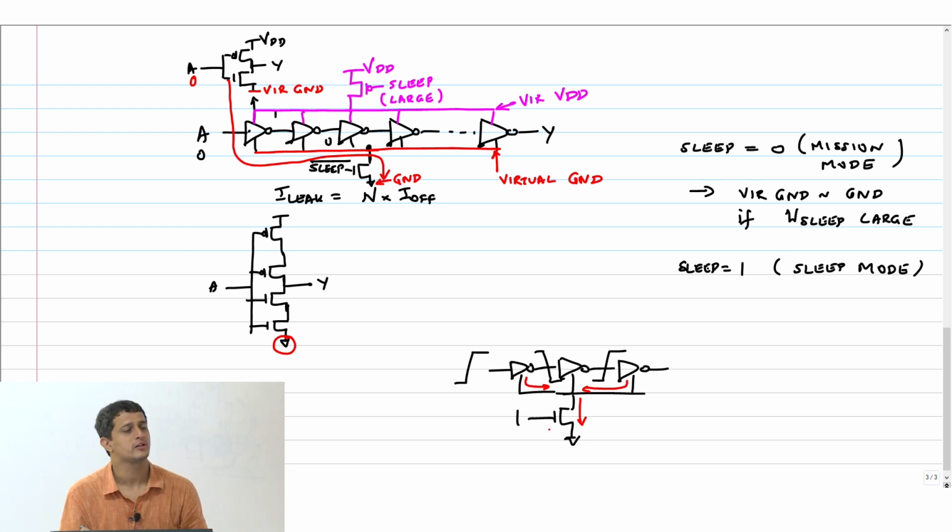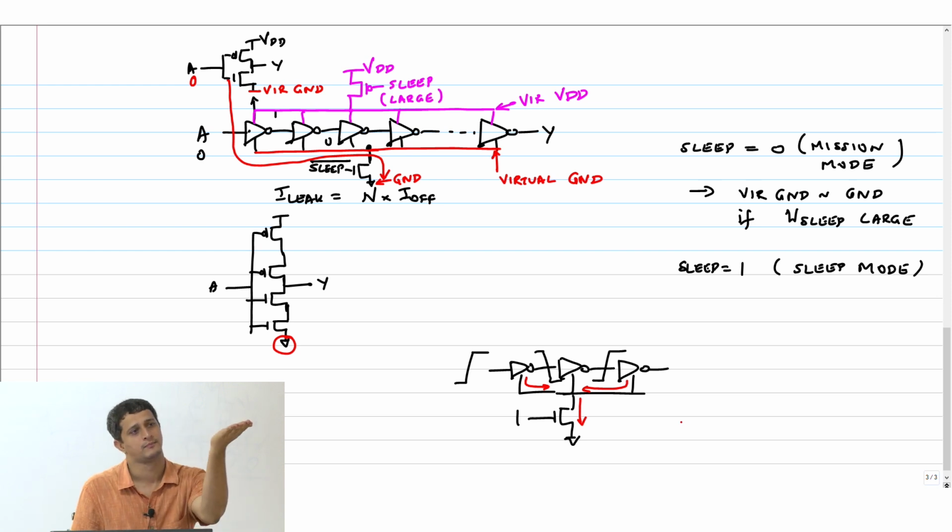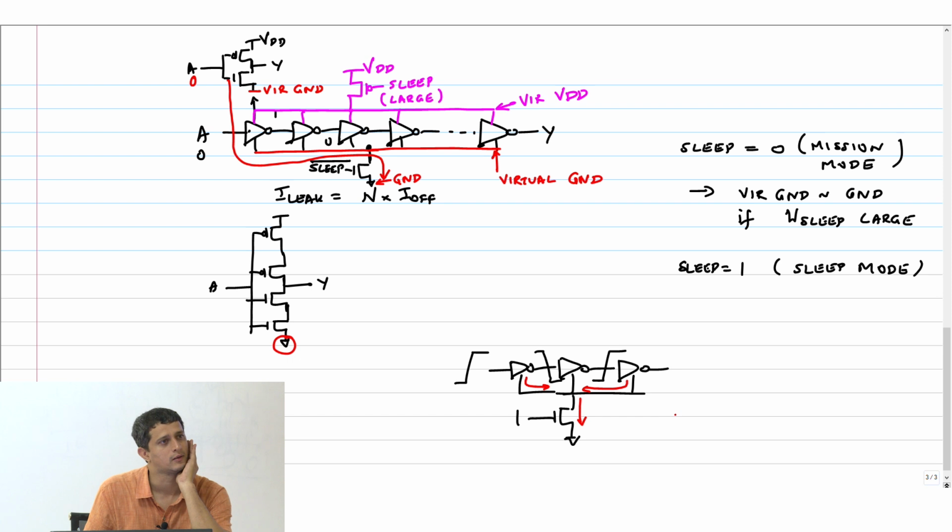Now, if this transistor has a very small width, then the only way it can accommodate a very large current is to increase VDS. Correct? If VDS increases, my ground node is actually going to bounce. The virtual ground node, which should be very close to ground, is actually going up. Now that will ruin your circuit. So the only way you can maintain that high current through this and also keep the virtual ground node very close to actual ground is to have a very, very large width. Right?